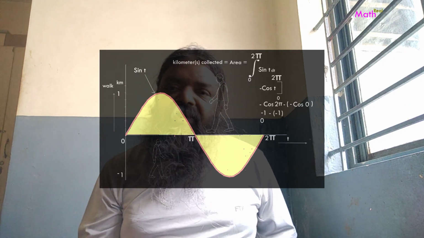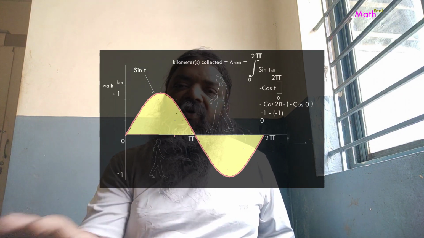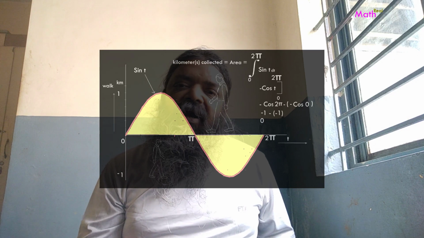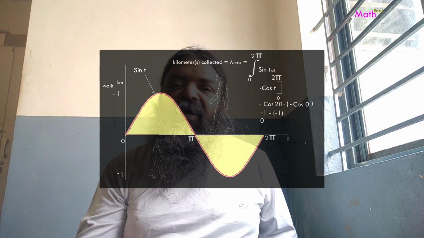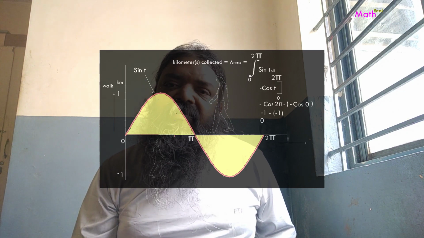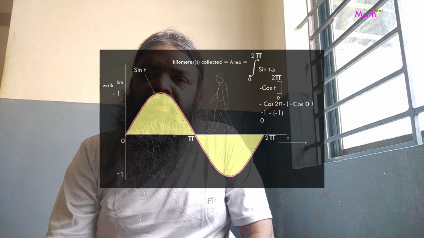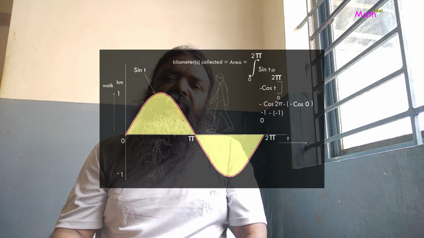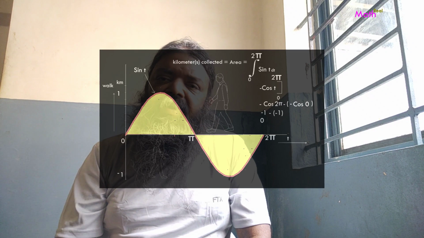No, it is negative the way we see the sign. Negative means he is coming there. He proceeded with growing the collection of the kilometers. At the one moment, the collection is maximum. Then he decreased the speed, he comes to a rest. Negative sign means he is coming. So from pi to 2 pi, he started coming.